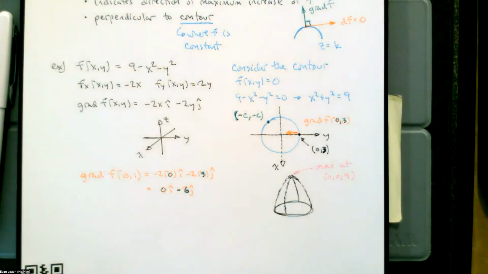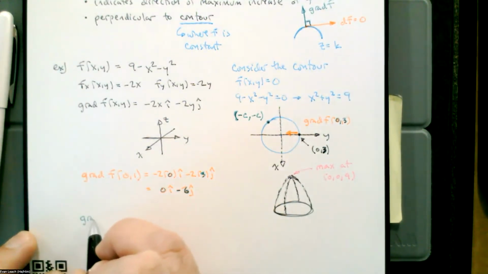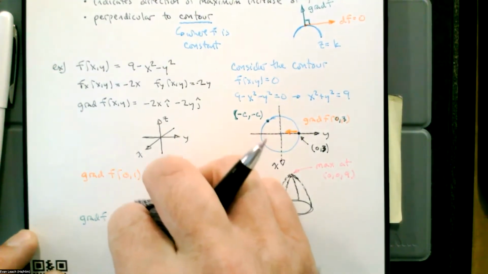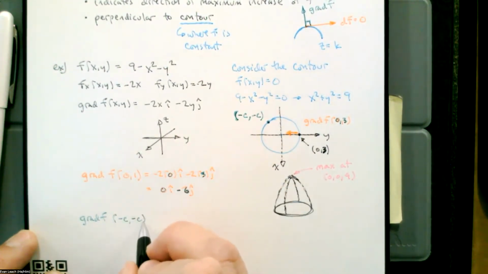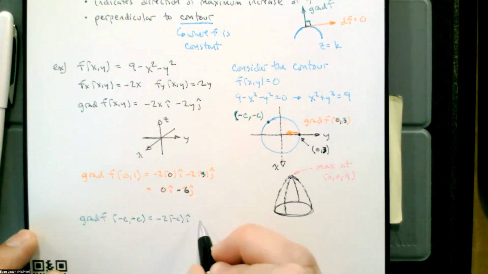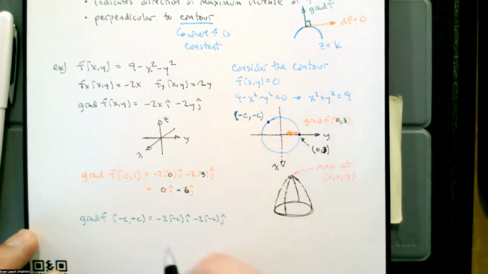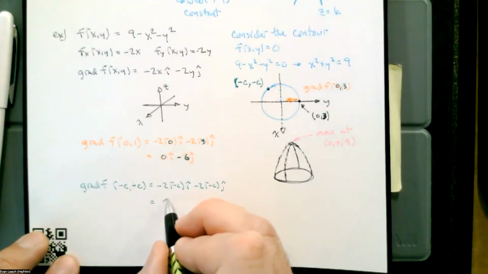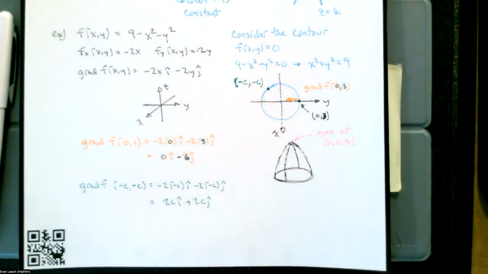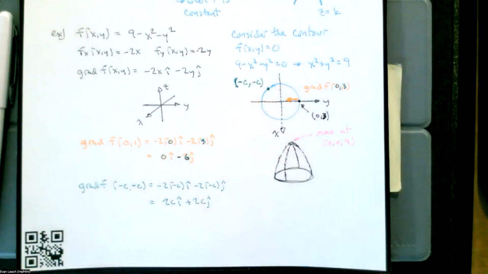Let's find the gradient of f at this point. So the gradient at this point is also at 45 degrees going the other direction, back towards the origin.